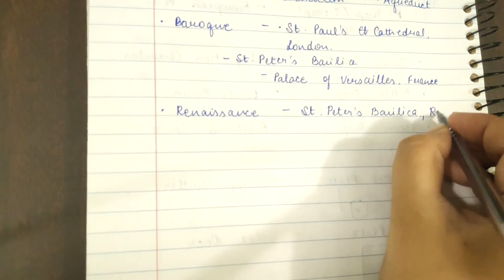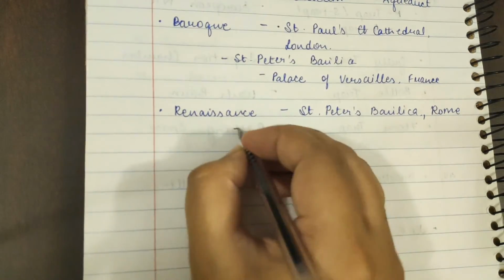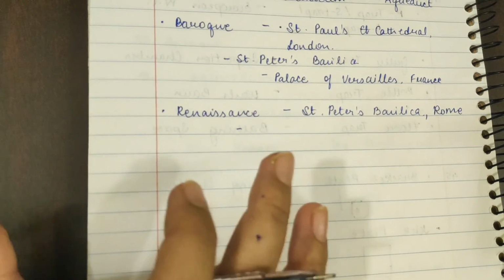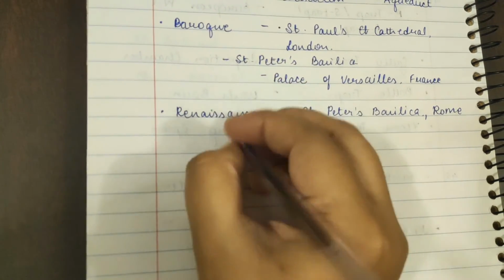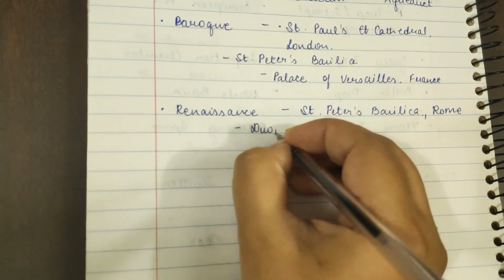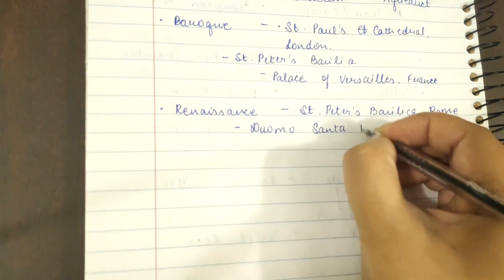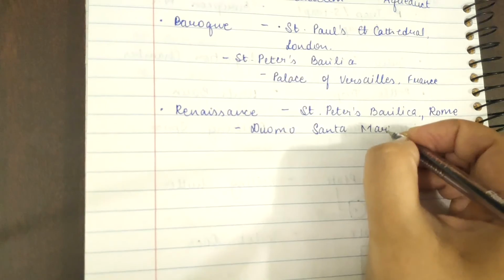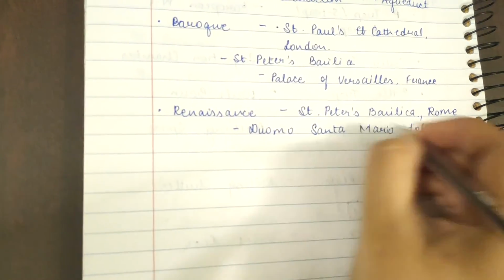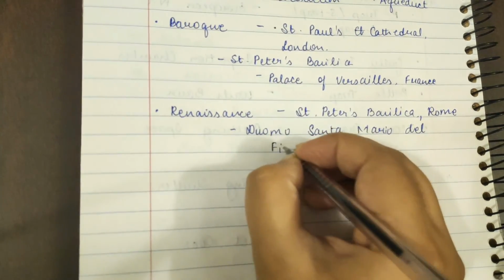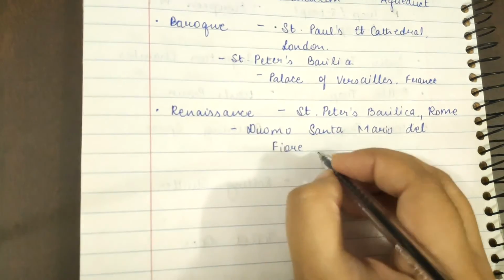This is an example of both Baroque and Renaissance because many features overlap, so it's not like one distinctive style. And then they have Duomo Santa Maria del Fiore, or Dome of Santa Maria in Florence.